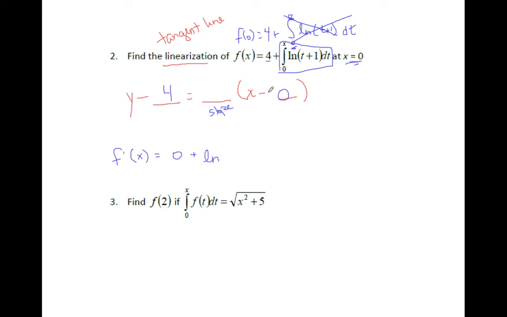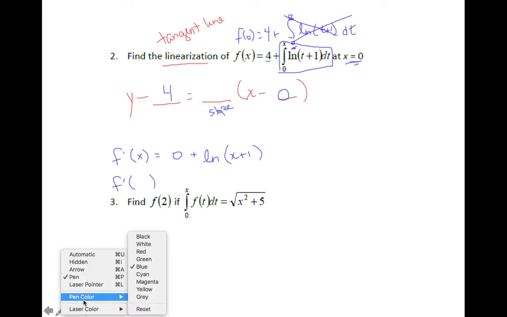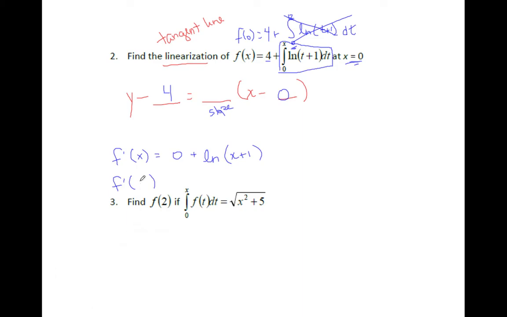Constant in the bottom, x at the top, so this is just going to be ln of x plus 1. What is the derivative at the point of tangency? What is ln of 1? 0. Oh snap, this is a horizontal line. y equals 4.